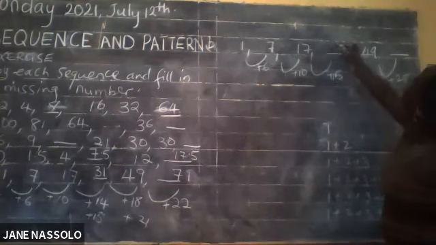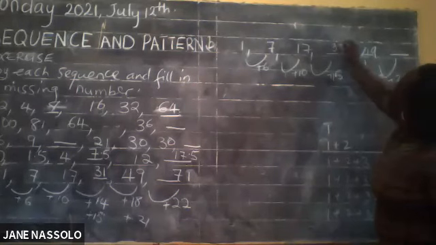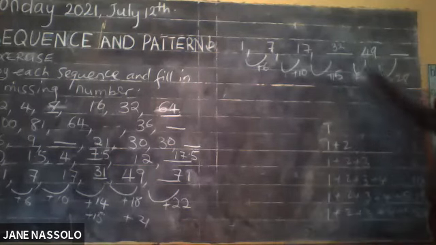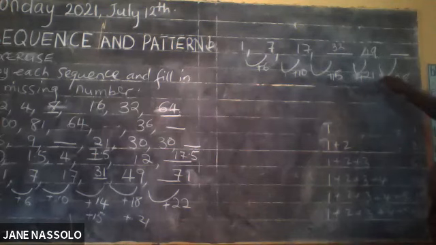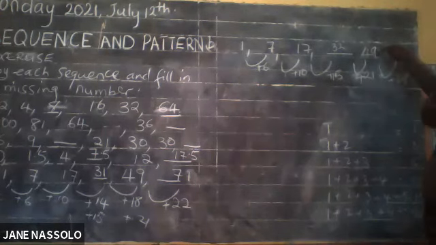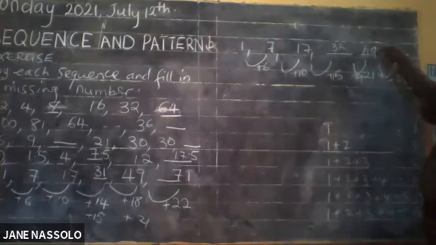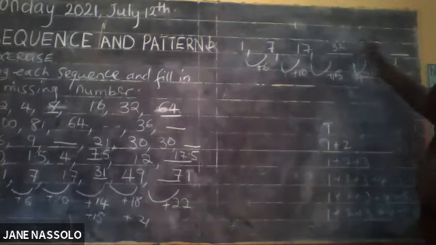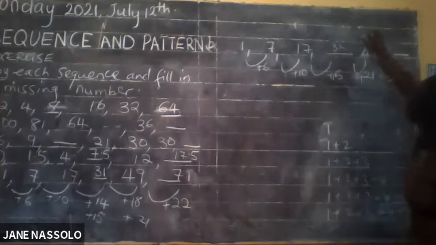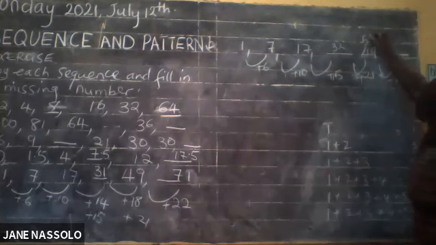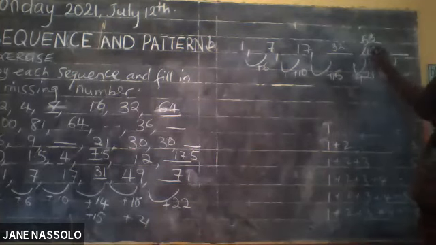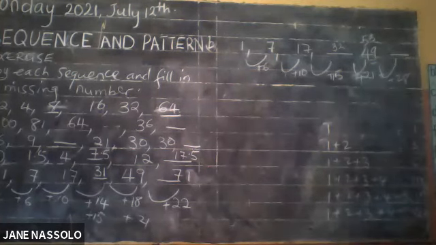What do we get? 32. Then on 32, we add 21. Does it give us? No. Somebody had suggested we add 21 to 32. What do we get? 53. And the number is 49. So does it work?